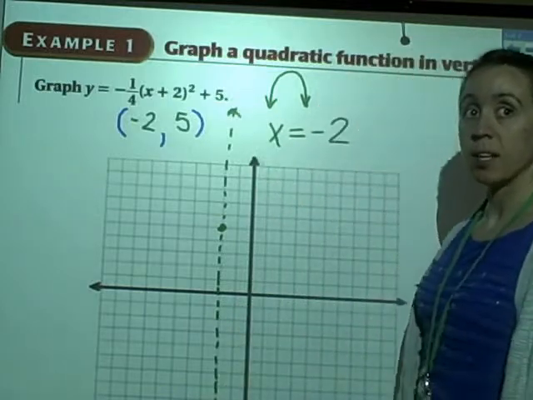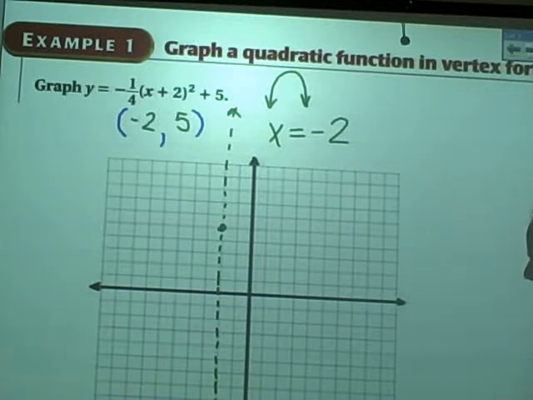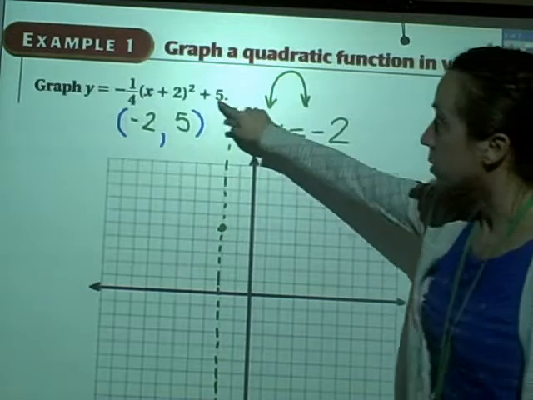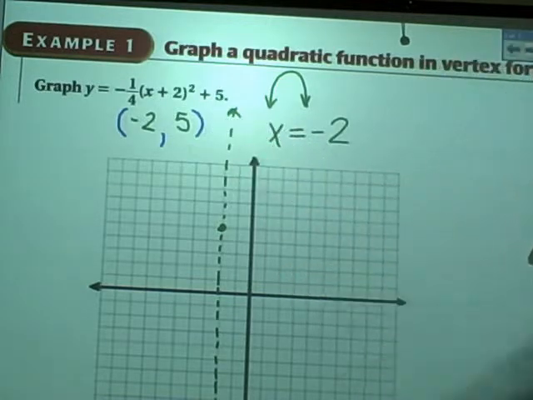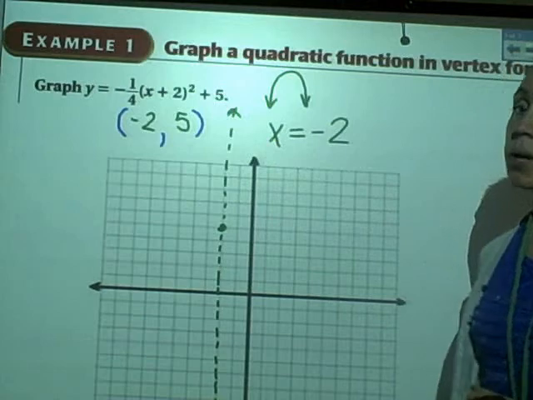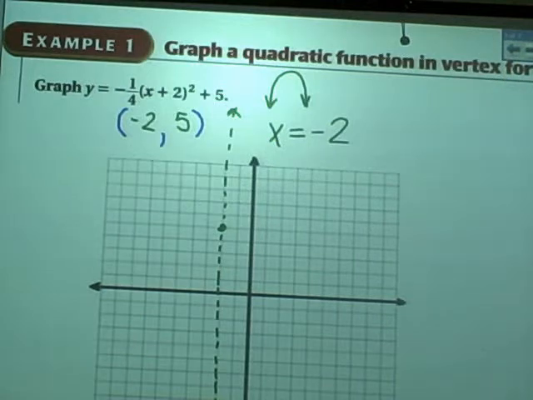So now all that's left to do is to find that extra point. And unfortunately for this one, it does not work to put whatever value is at the end of your function as your y-intercept. So what we have to do is pick one x value, plug it into our equation, and then use symmetry to get the other one.